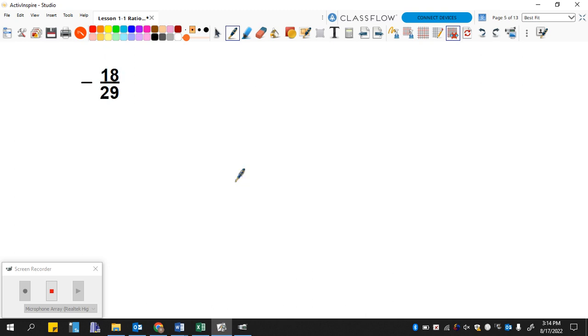Okay, negative 18 over 29. All right, we have a negative number. That means that one of either the numerator or the denominator is going to be negative, one of them. And normally we use it as a numerator. Okay, factors of 18 are 1 times 18.